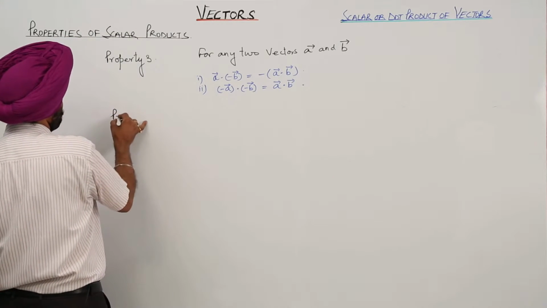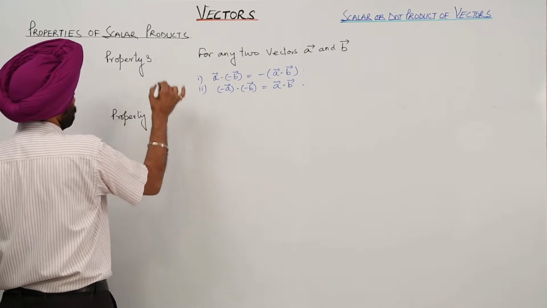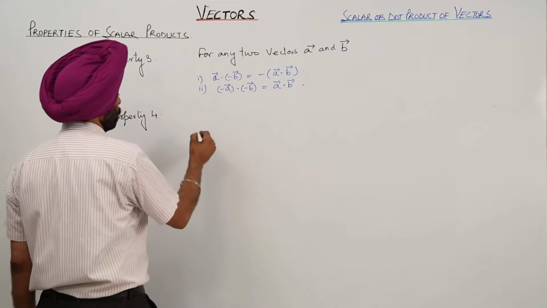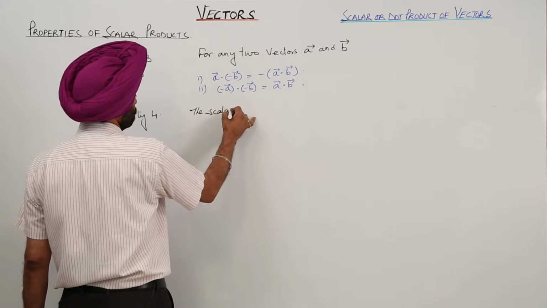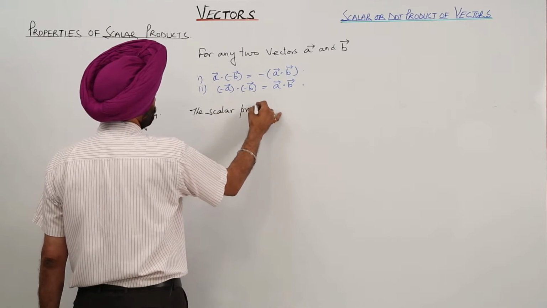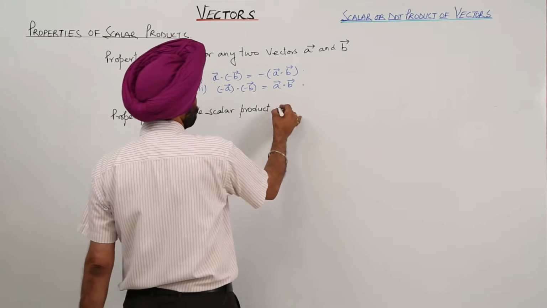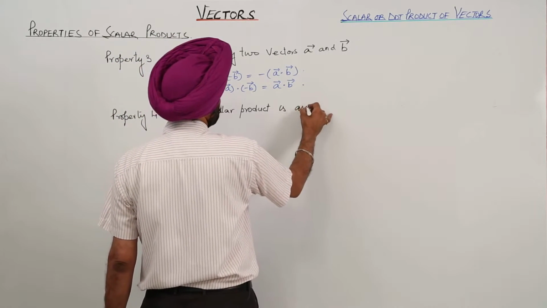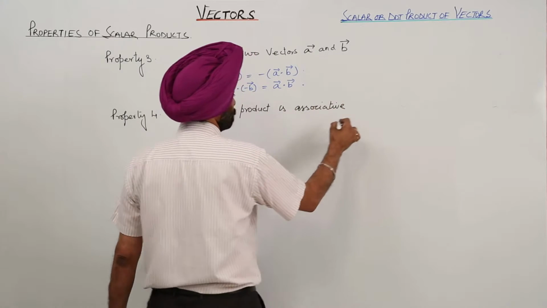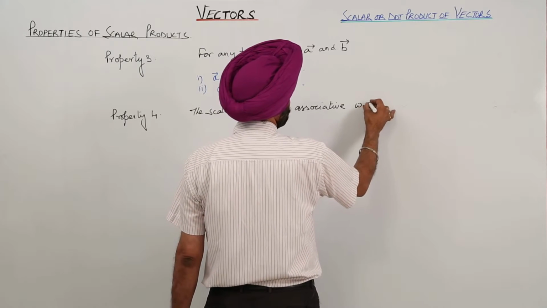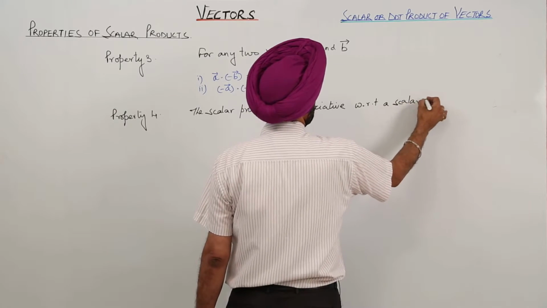Now property 4. Property 4, what this says, the scalar product is associative with respect to a scalar.